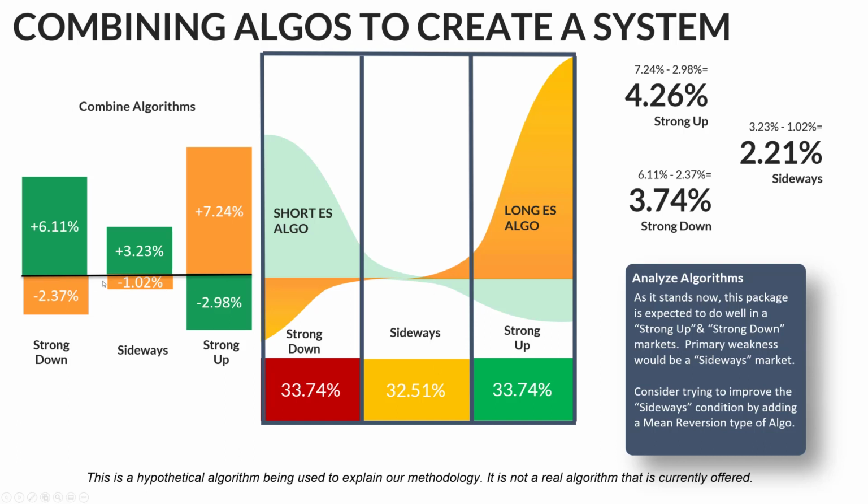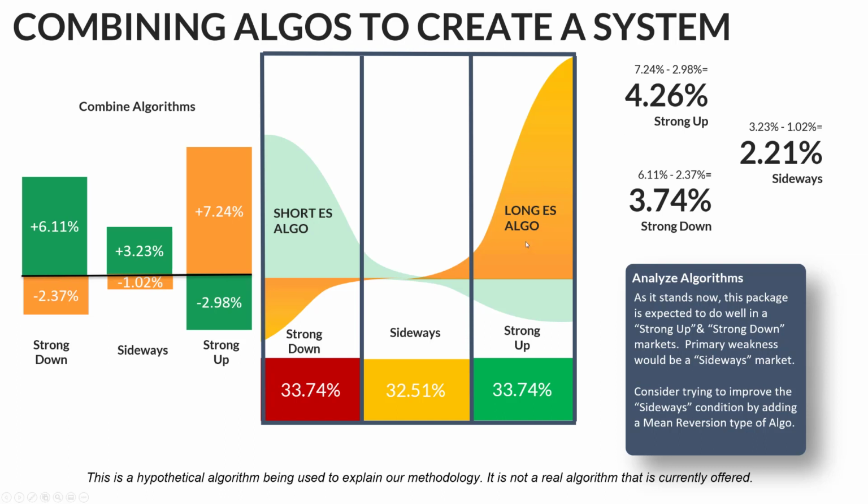It's trying to minimize the losses, because if you can minimize the losses, that's really the key to having a good system. Because as you can see, when you overlay these algos onto each other, on average, you're going to be up for any given month. But remember, that doesn't mean that every time it happens that way.